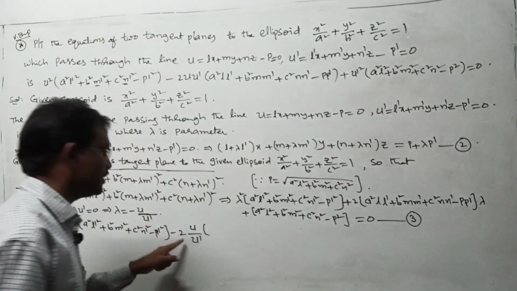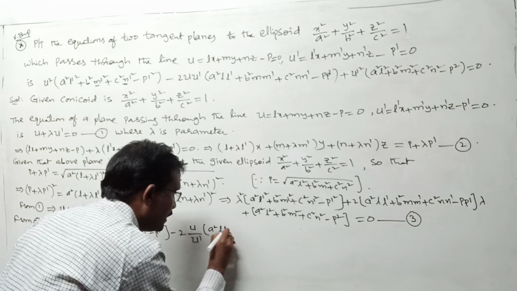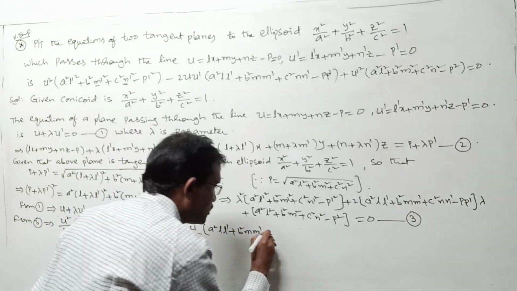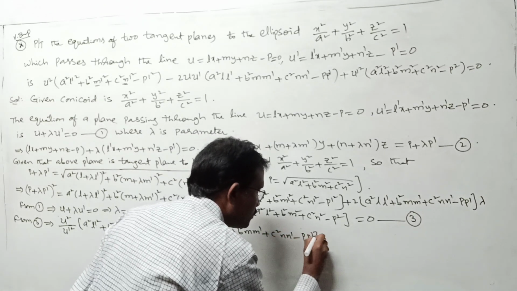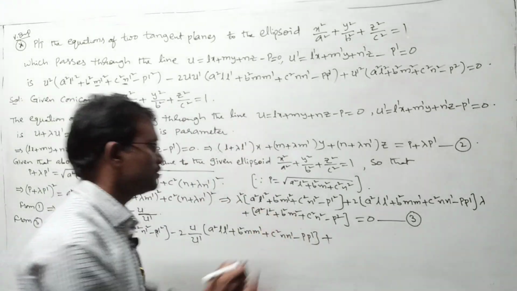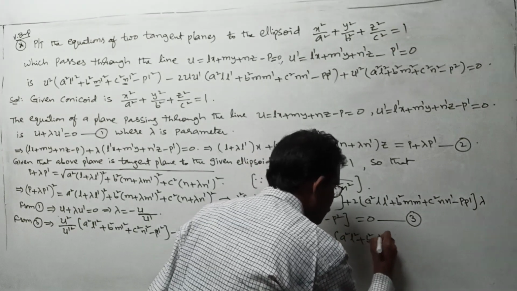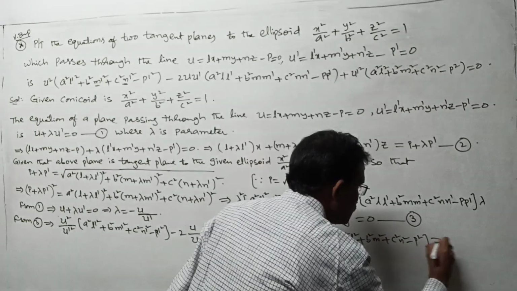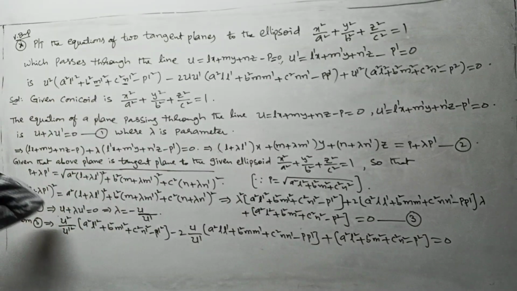Minus into plus becomes minus into this result: a square l dash plus b square m dash plus c square n dash minus p dash, plus this term, a square l square plus b square m square plus c square n square minus p square is equal to 0. We just substituted the lambda value. Right?